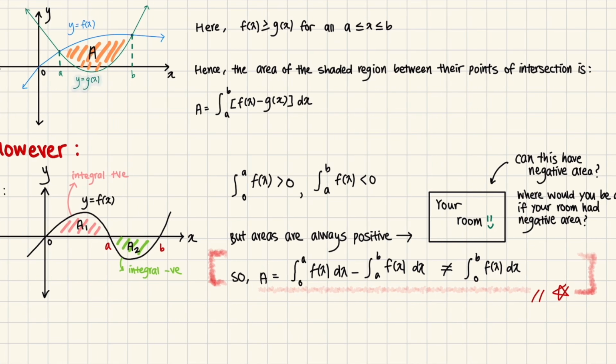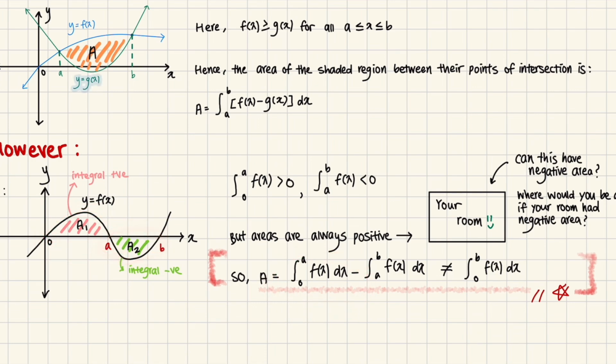So here we separate the sections. First we have the area enclosed by the graph when x is between 0 and a. That's that area.